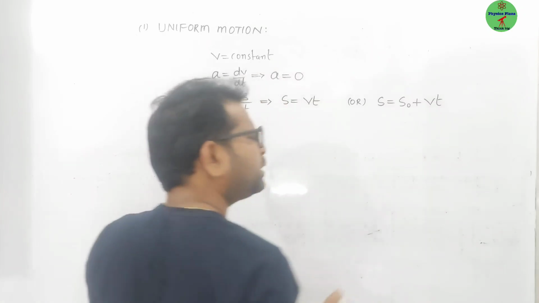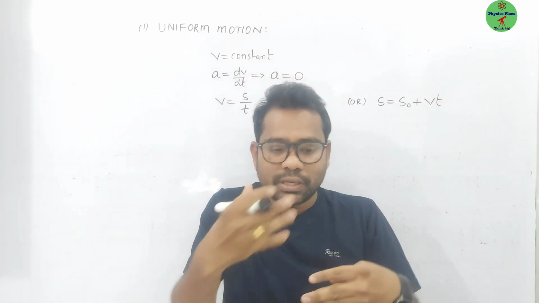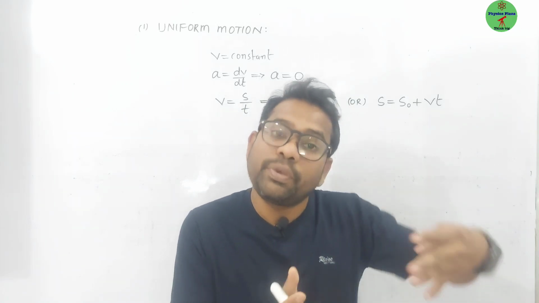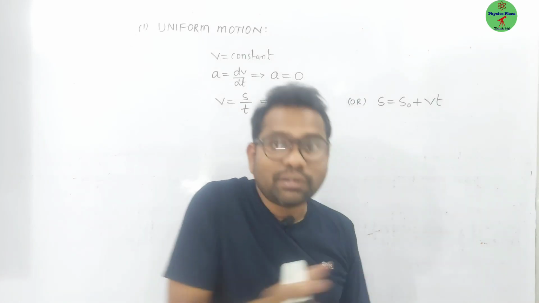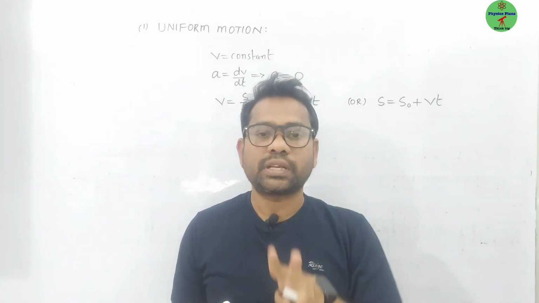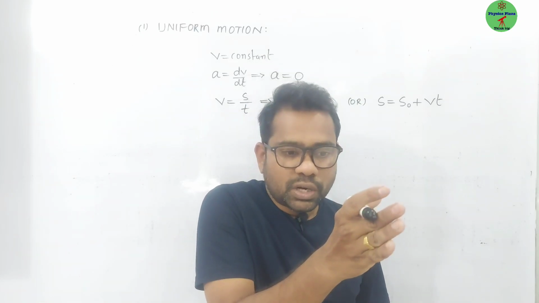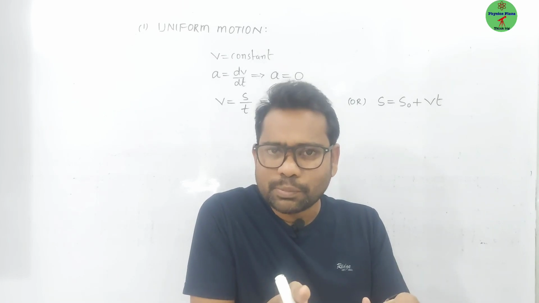You may get one doubt: sir, how can you write S naught? Children, when we started studying the motion, before that the body might already have had some displacement, right? It's not necessarily starting from rest. See, when we are studying the motion of a body, 2 possibilities are there. The body starts from rest. When the body starts from rest, displacement will be 0, right?